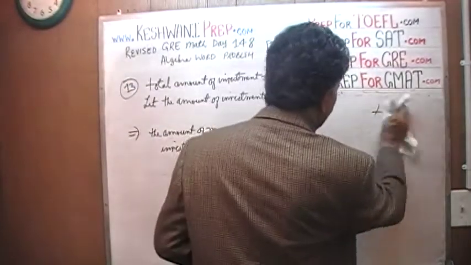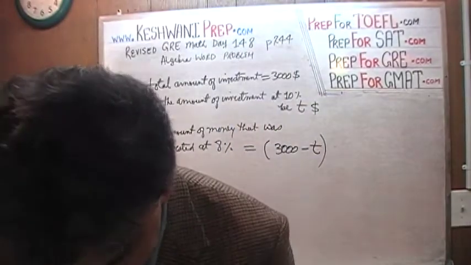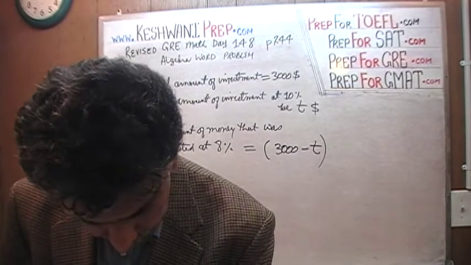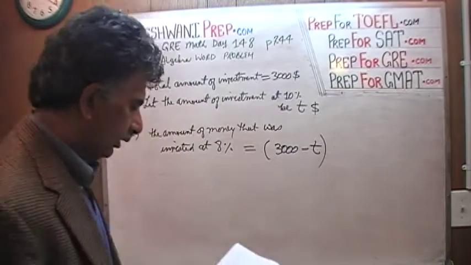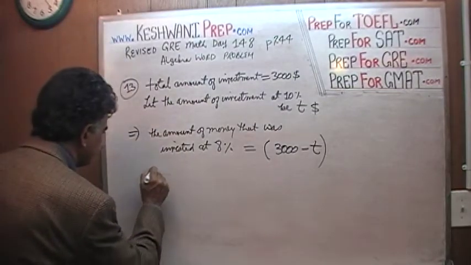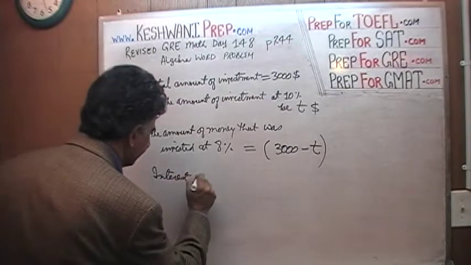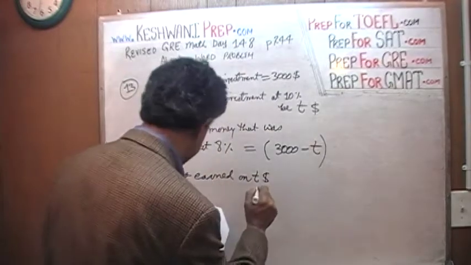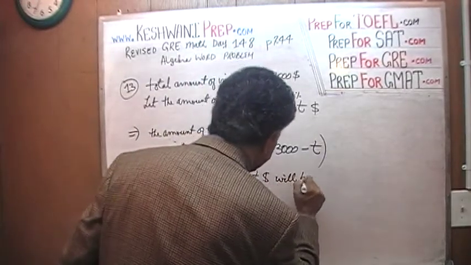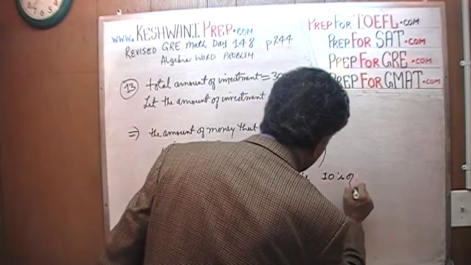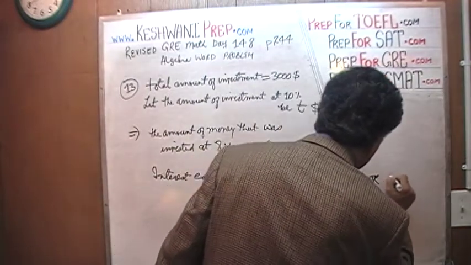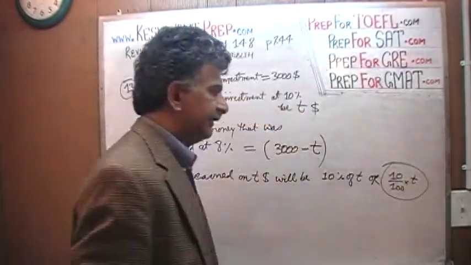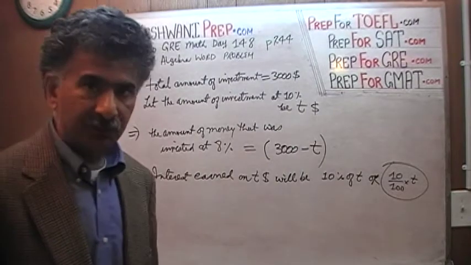That's all. Now, what else are we told here? We are told the total amount of interest earned at the end of the year from these investments was 256. So the total amount of interest earned on $T will be 10% of T, or 10 over 100 of T. That's the amount of interest we will earn on $T.